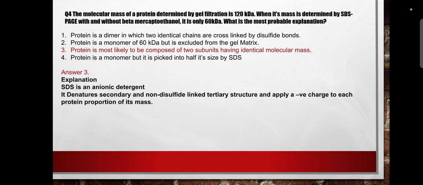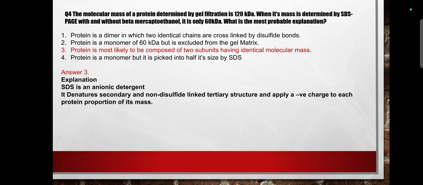But why did we get a 60 kilodalton band on SDS alone? SDS cannot break disulfide bonds. So if the protein is a dimer having disulfide bonds, it will not get broken, and it will migrate at 120 kilodalton only. So this first statement is wrong.